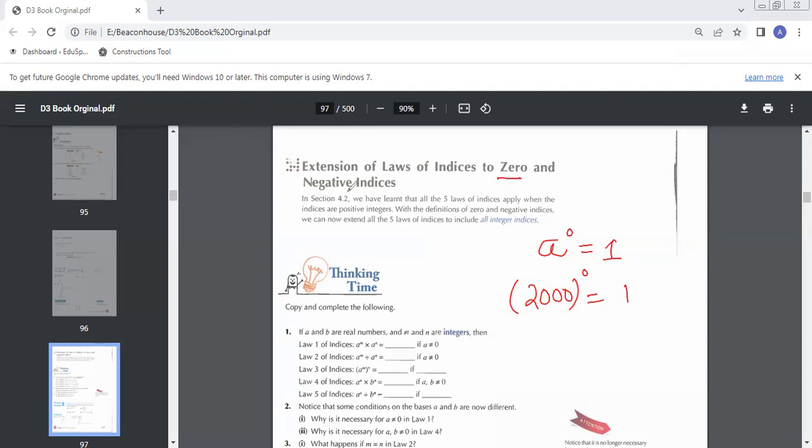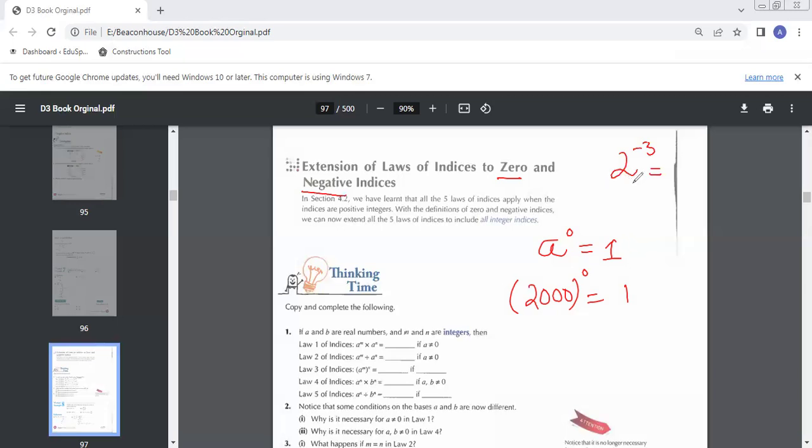The other rule is about negative indices. Negative indices means that sometimes we have an index like, for example, 2 power -3. If I want to make the power positive, I should take the number to the opposite side of the fraction, taking the reciprocal.